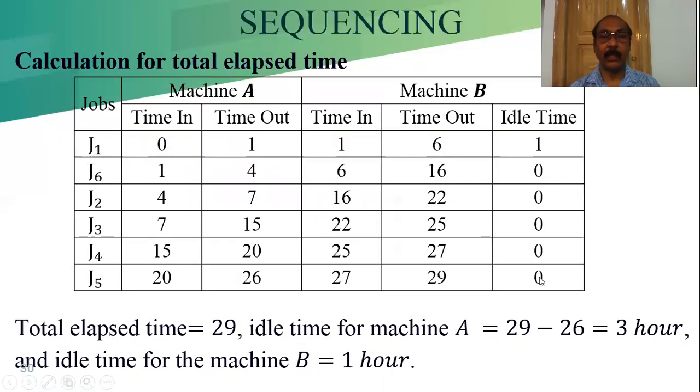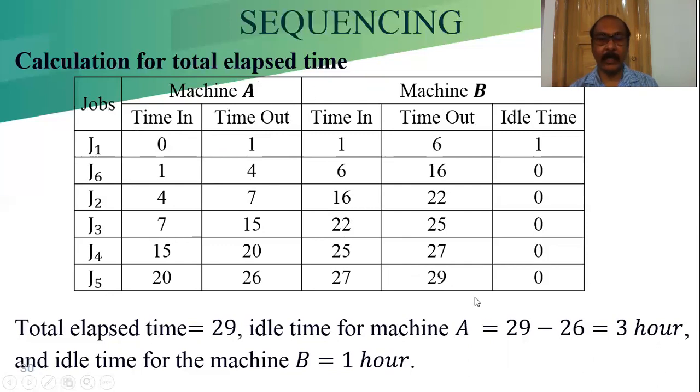So this is our complete calculation table for the elapsed time. We can say the total elapsed time from job J1 to J5 is 29 hours, and from this we can find out how much time machine A is idle and how much time machine B is idle.